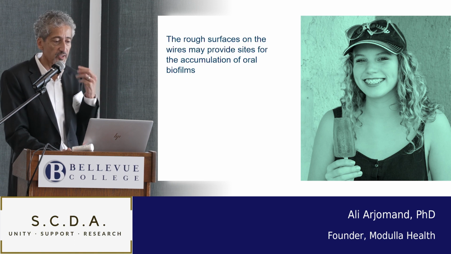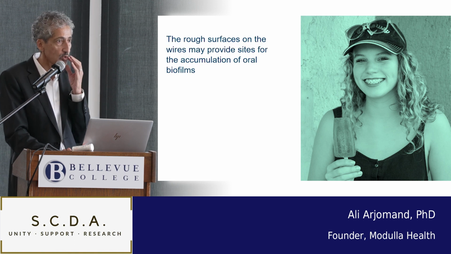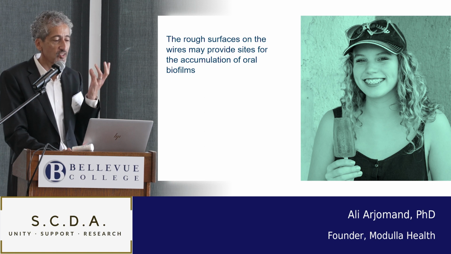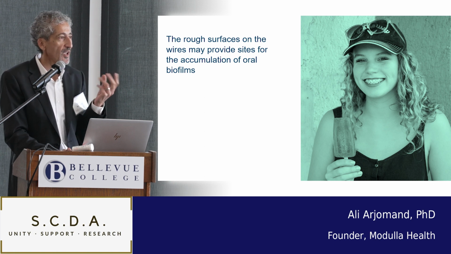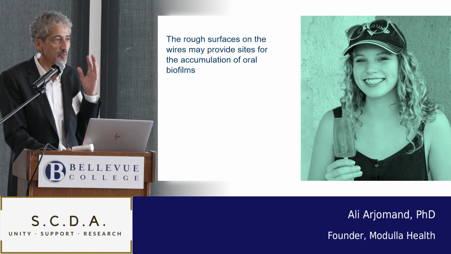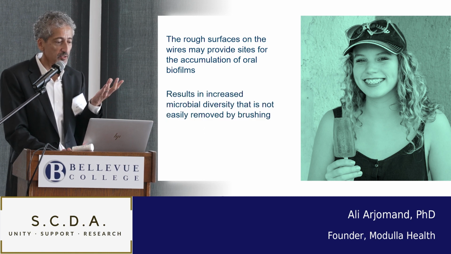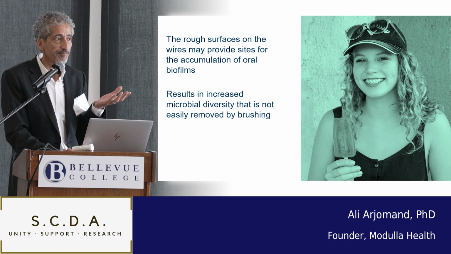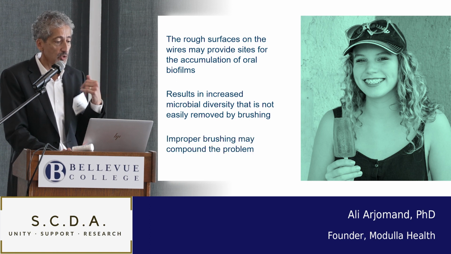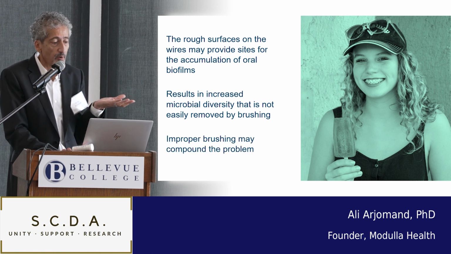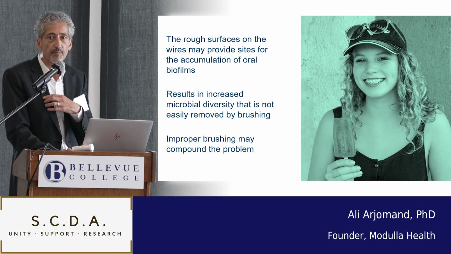The rough surfaces on the wires and the brackets provide a nice surface area for the microbes to hang out and stick around. Before it was a nice smooth tooth, now it's all these rough edges, and this results in this diversity increase that can't really be removed with brushing. Or improper brushing makes it even worse.